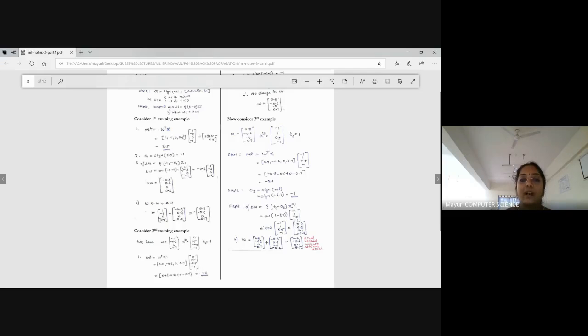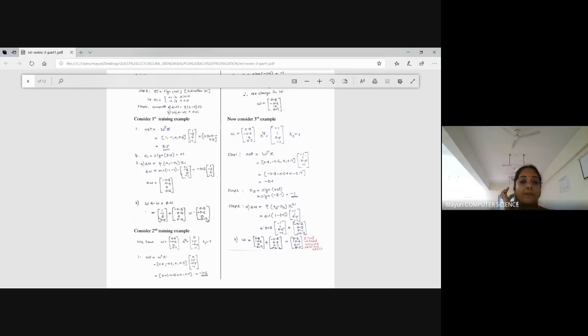Multiply the values, and this will become minus 0.2 into all these values. This is your delta W. Now to get the updated weight, add your previous weight given in the question to the delta W you have calculated right now. So you are getting a weight vector. These are the weights for us to apply to the second input.